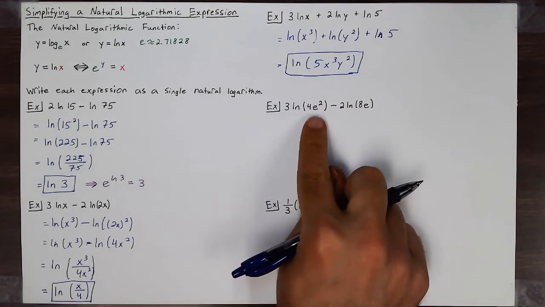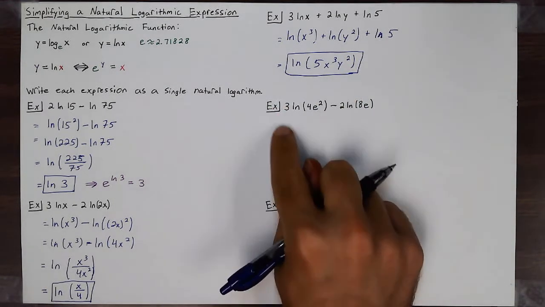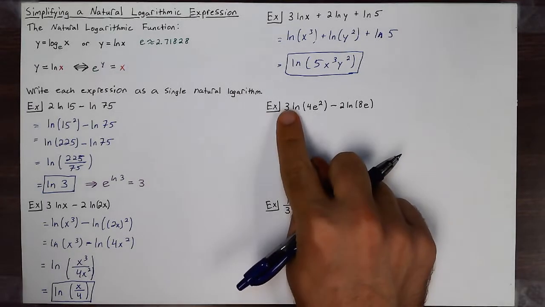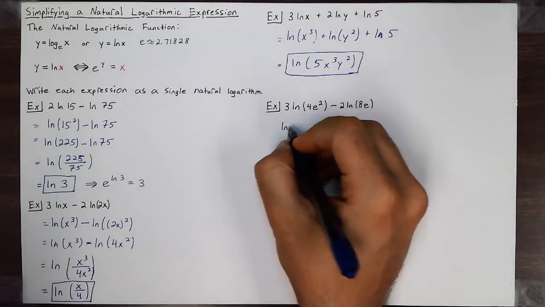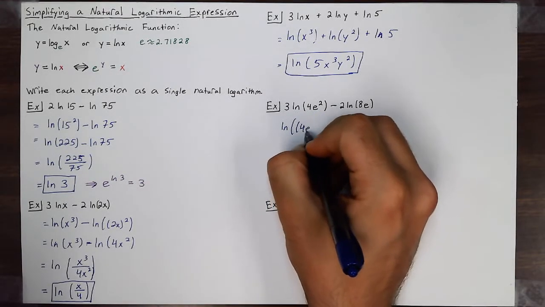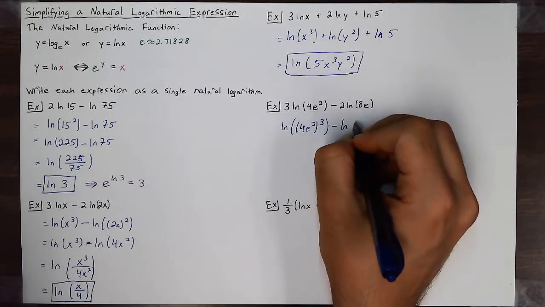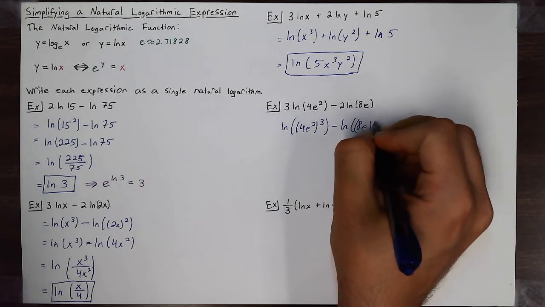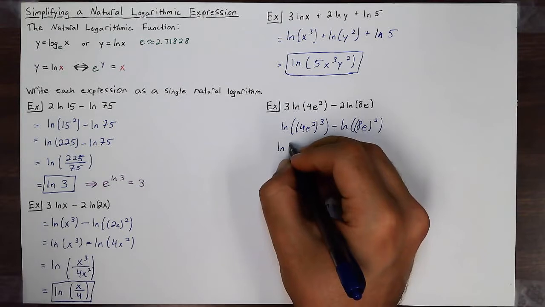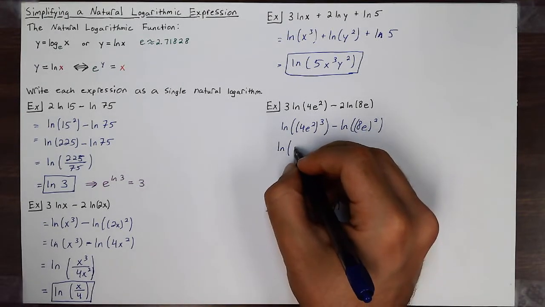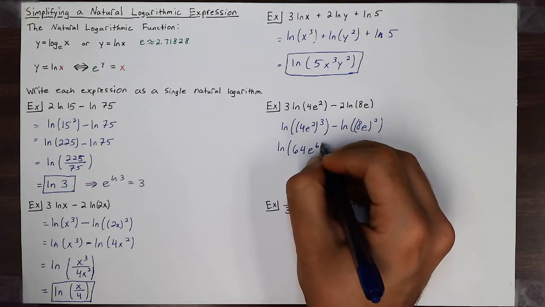Now this time I'll put the number e within a natural log, and we'll see what kind of effect that has on its final answer. So first we'll move these coefficients within the natural logarithm. So we'll have the natural log of 4e squared, cubed, minus the natural log of 8e squared, squared. Now when you cube 4, you get 64. So we have natural log of 64. And then e squared cubed is 2 times 3, so e to the 6th.